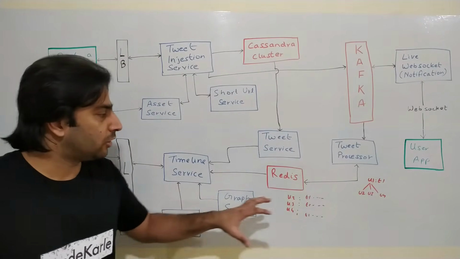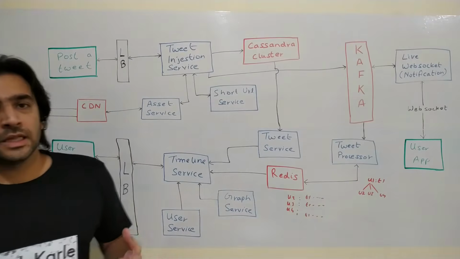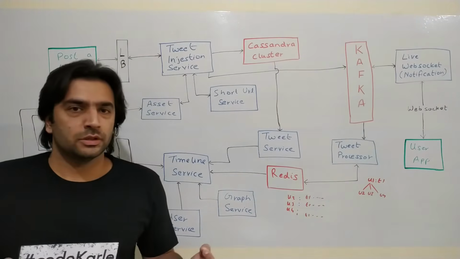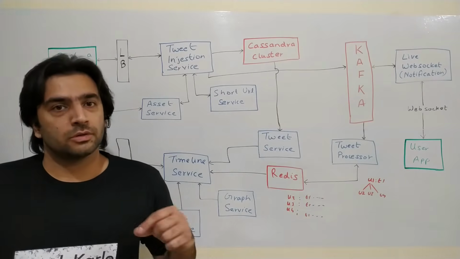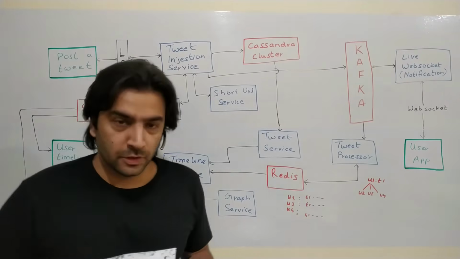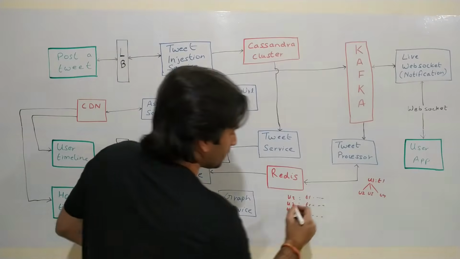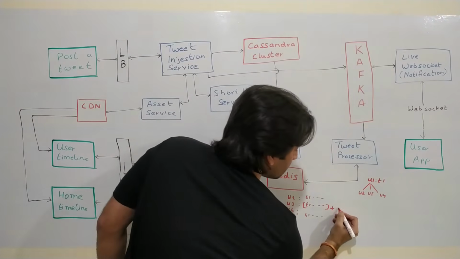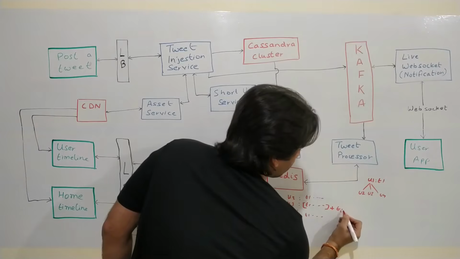It'll also add a flag saying that I have updated the data in this user's timeline of famous users at a particular timestamp. So the data structure it stores is something like a list of tweets plus a timestamp.